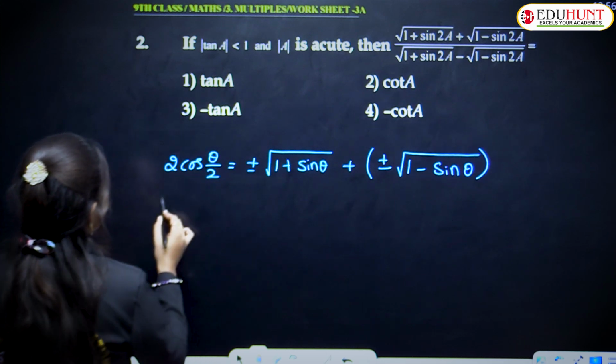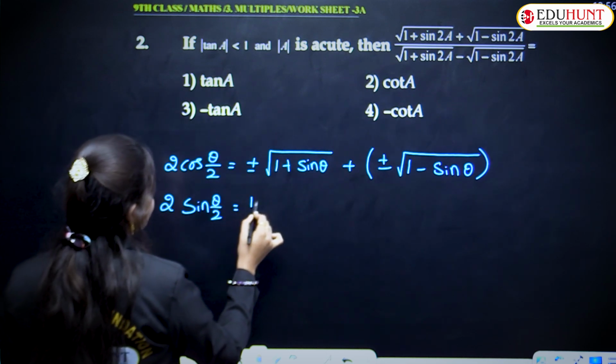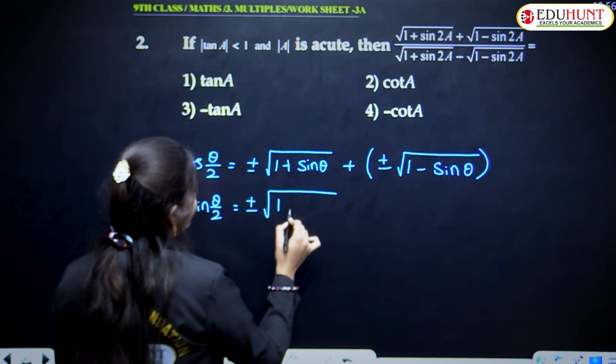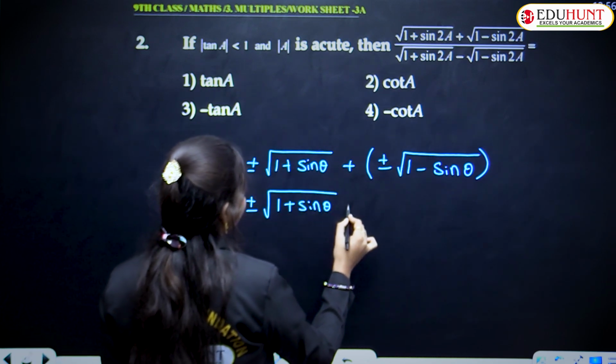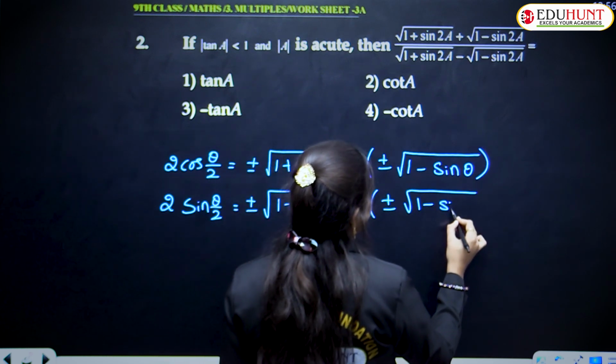And in the same way, 2 sin theta by 2, which equals plus or minus square root of 1 plus sin theta minus plus or minus square root of 1 minus sin theta.